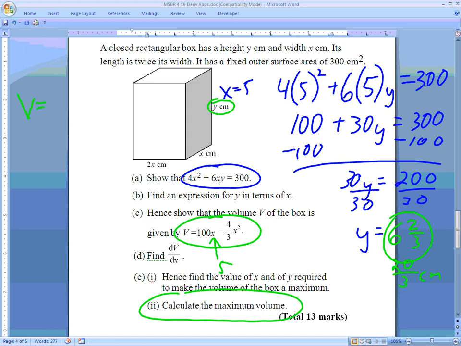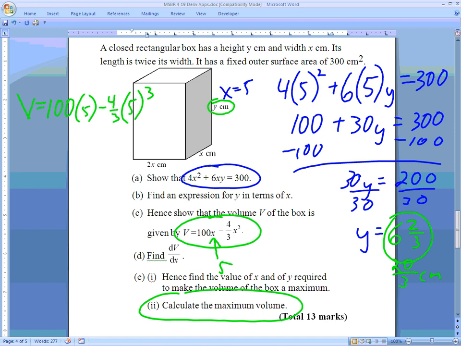So volume equals 100 times our x, which we know is 5, minus 4/3 times 5 cubed. And I would probably just reach for a calculator at this point.